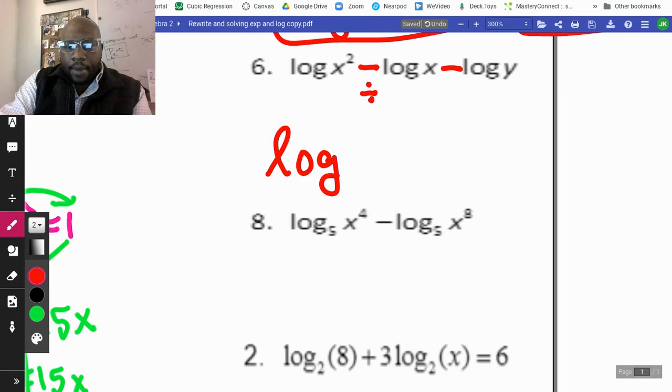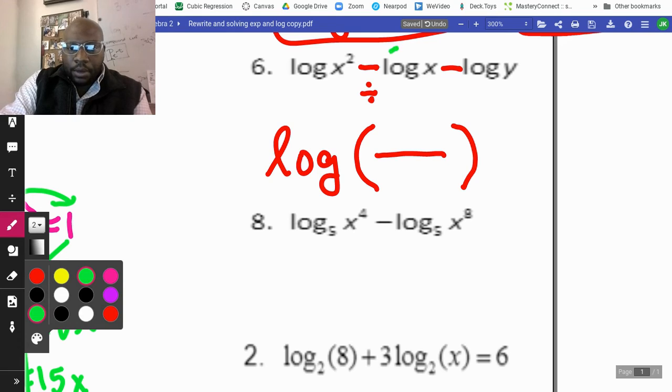So let me go ahead and have my fraction. But check this out. What if I did this? Are you okay with me putting a parentheses over here? The tricky part is this one right here. That's dividing. So the left side has been divided by the right side.